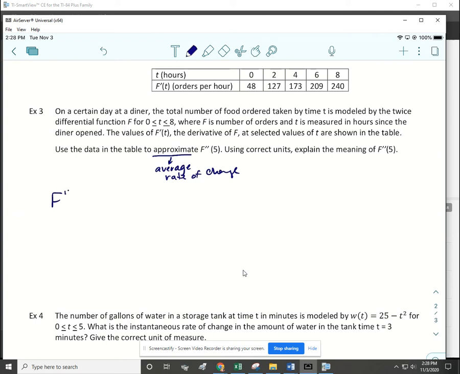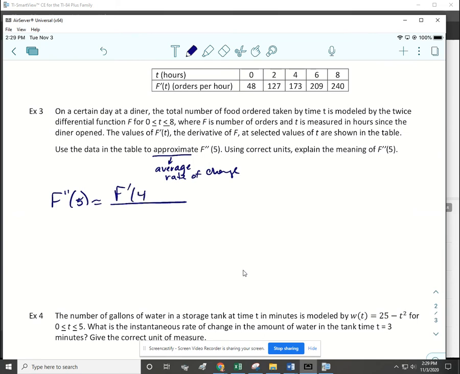So f double prime of 5 is going to be approximately... And then we would just need to make sure that t equals 5 is in between, or is one of the endpoints of our average rate of change. So let's just go from 4 to 6. Now we could go from 2 to 6. We could go from 2 to 8. We could go from 0 to 8. There's lots of ways we can do it. So don't think this is the only way to do it.